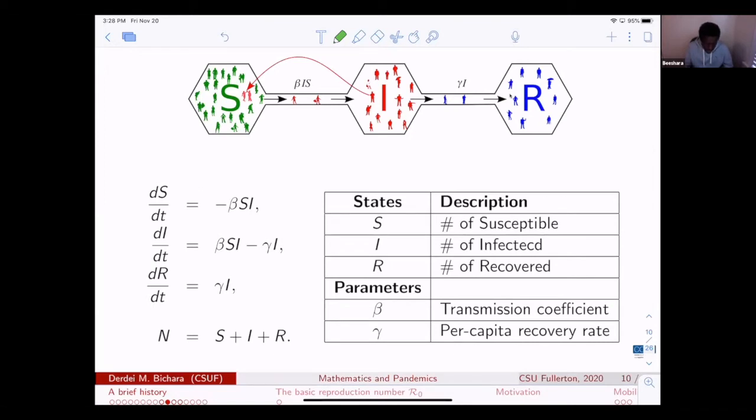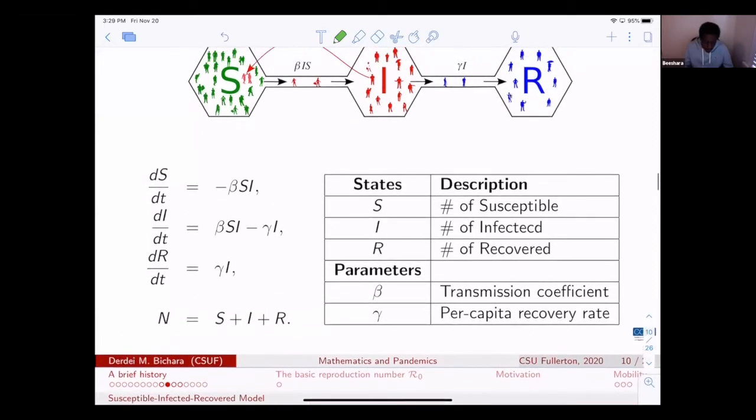The coefficients are exactly the same: gamma is the recovery rate, and beta is the transmission rate. Before, we divided by N in the previous equation, but since the population N is constant, we could always scale our model to get rid of the extra parameter.